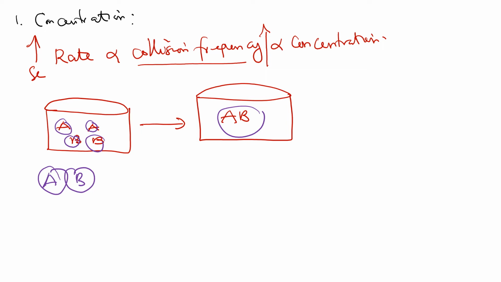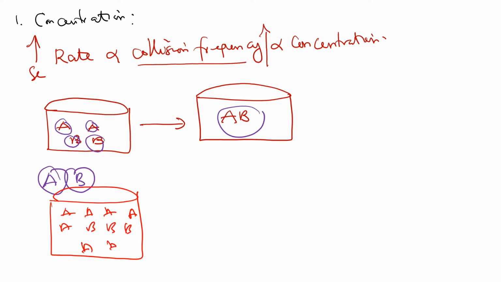Now, guess what? If I increase the amount of A and B, that is increasing concentration, okay? So if I have the same volume, but this time I have A, A, A, A, A, B, B, B, A, B, B, B, B, A, A. Now, the volume remains the same, but I've increased the amount of A and B. What do you think is going to happen?